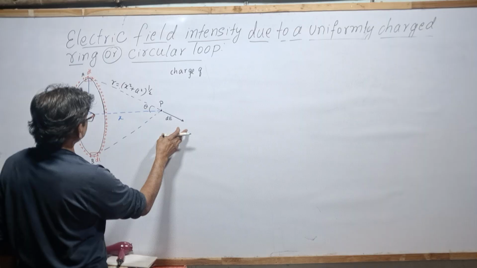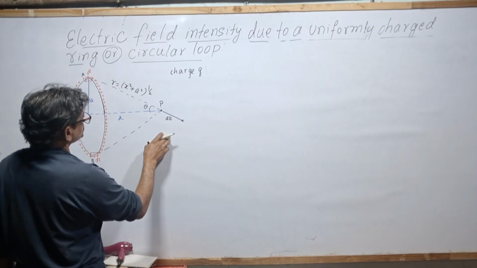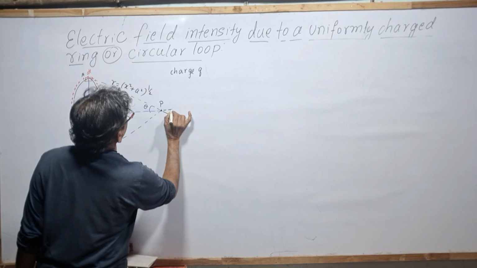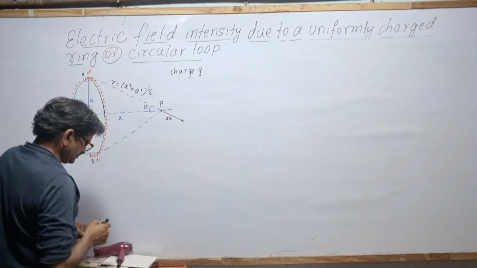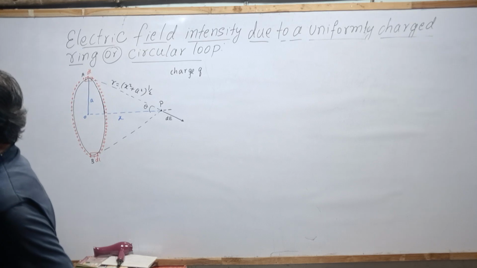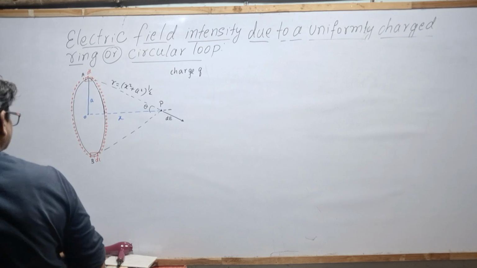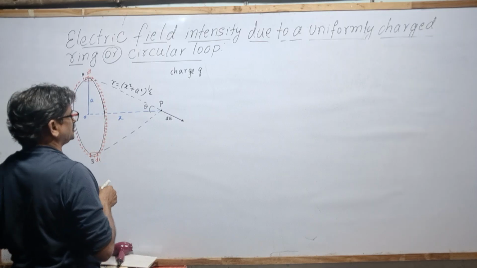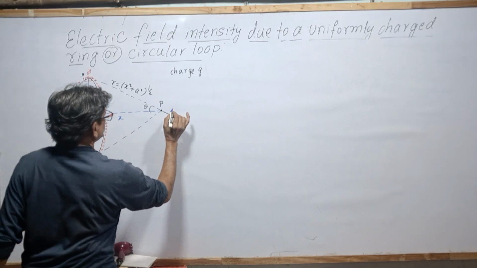This dE makes an angle theta with the line joining this point and the center of the ring.